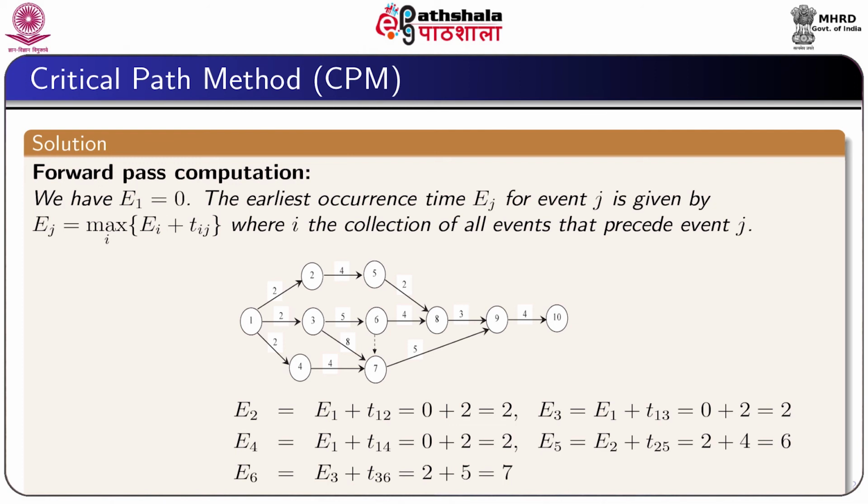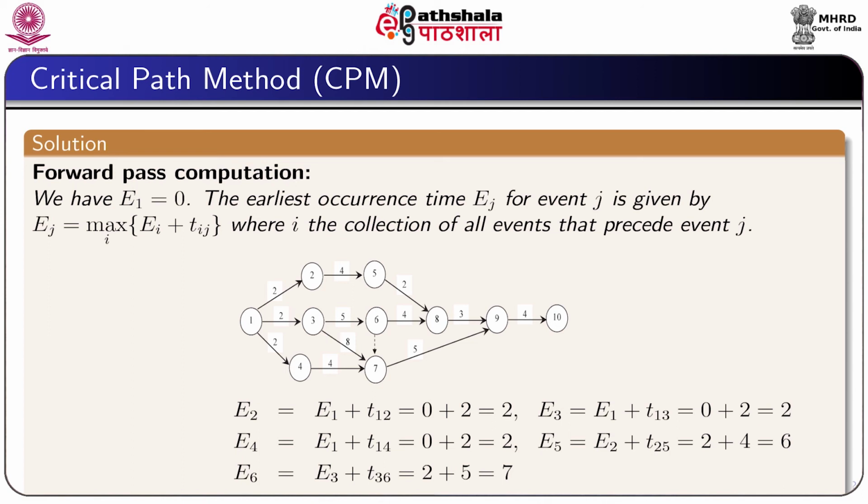We have to find the time of completion of the project as well as the critical activities. For this, we first do the forward pass computation. According to the rule, we take E1 equal to 0 and the earliest occurrence time Ej for the event j is given by Ej equal to maximum over i of Ei plus Tij, where i is the collection of all events that precede event j.